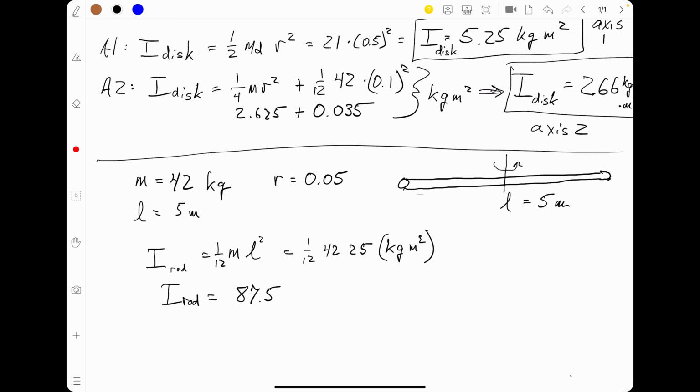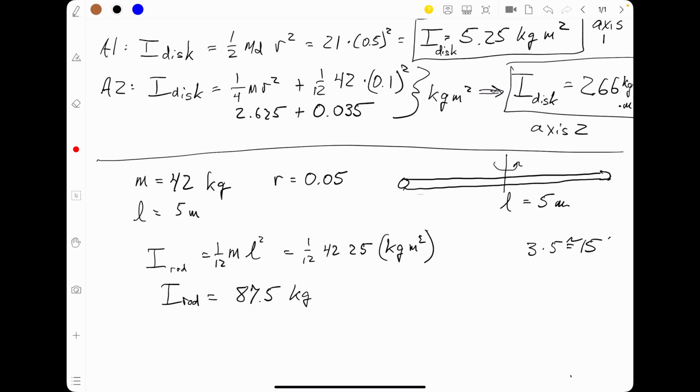Okay, and this kind of makes sense. Have you guys seen 5 meter long anything? 5 meters is a long way. 5 meters is 3 times 5, which is 15 feet, roughly. I wrote inches, but I meant feet. So 15 feet.